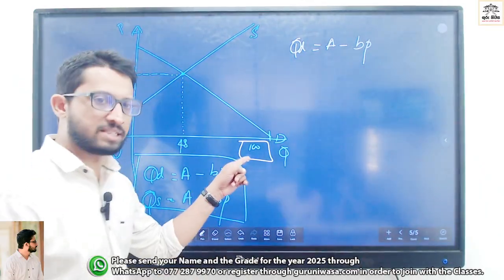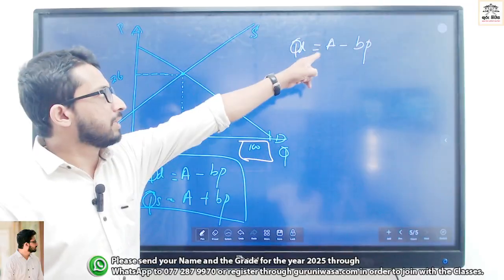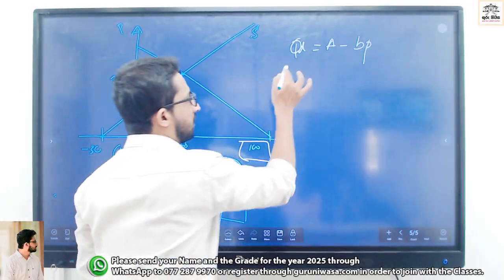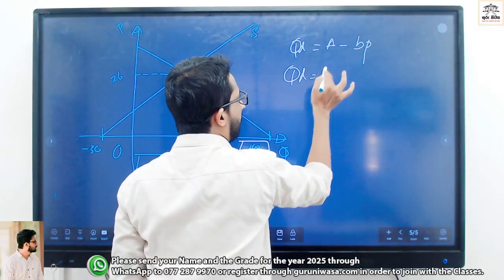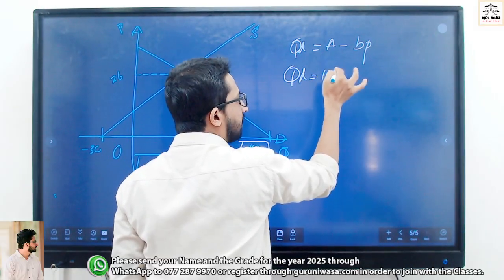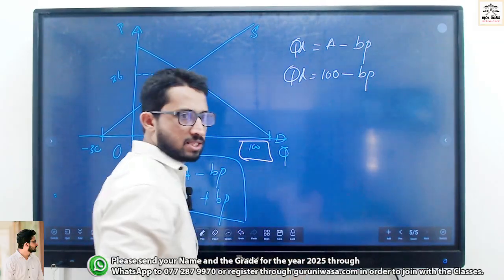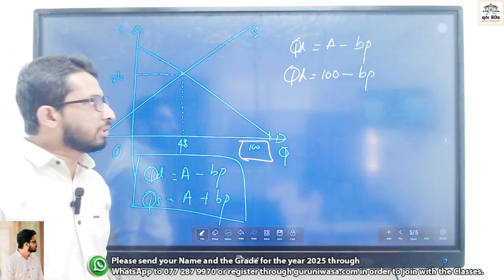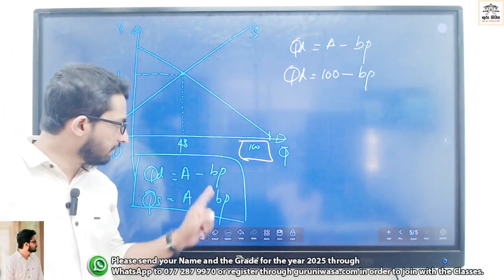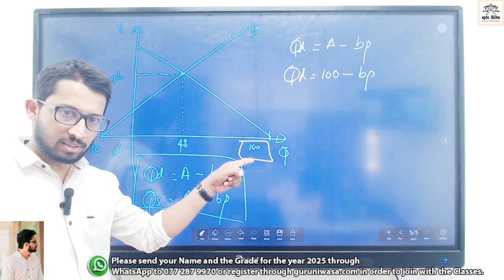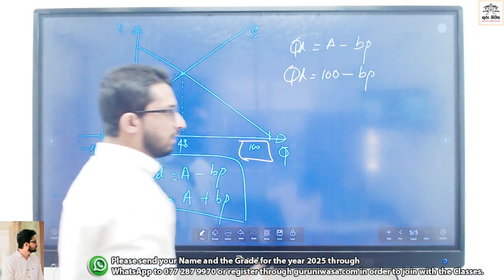This is the intercept of the demand curve. So QD equals 100 minus, we don't know the value of B. It's a different story. But no need to calculate A separately, it's given as 100. Then how do we calculate B?